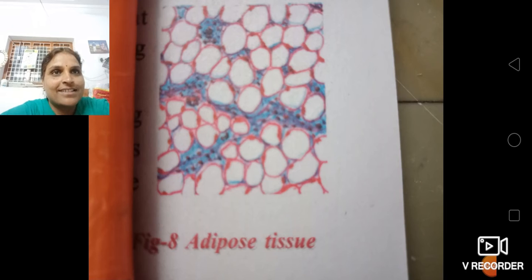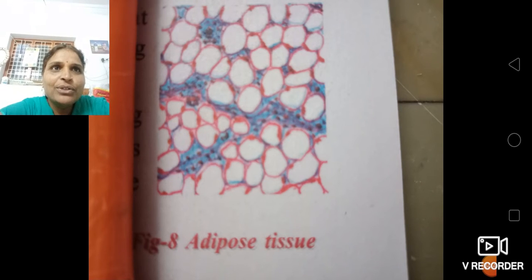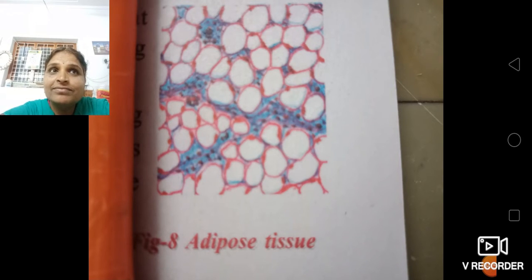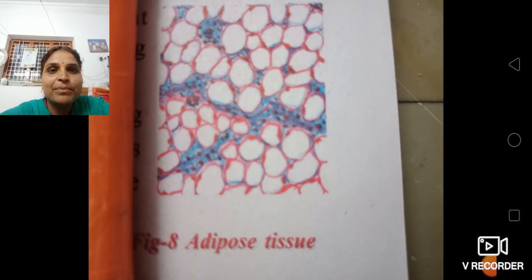Why do old people shiver more in winter than youngsters? Is there any special arrangement to prevent the escape of heat energy during winter? Yes, there are special cells called fat-storing adipose tissue. In the adipose tissue, the fat is stored.